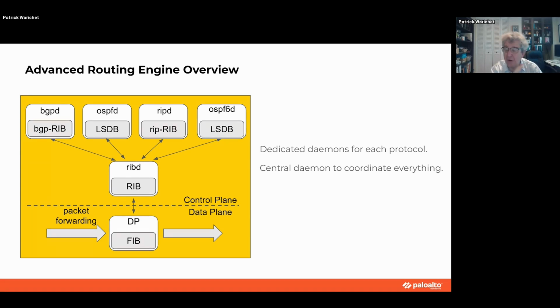So we count on that, and we maintain the same amount of logical routers as you have virtual routers on all platforms, starting from the 400 all the way to the 7,500 or 7,000. The same scalability is maintained.